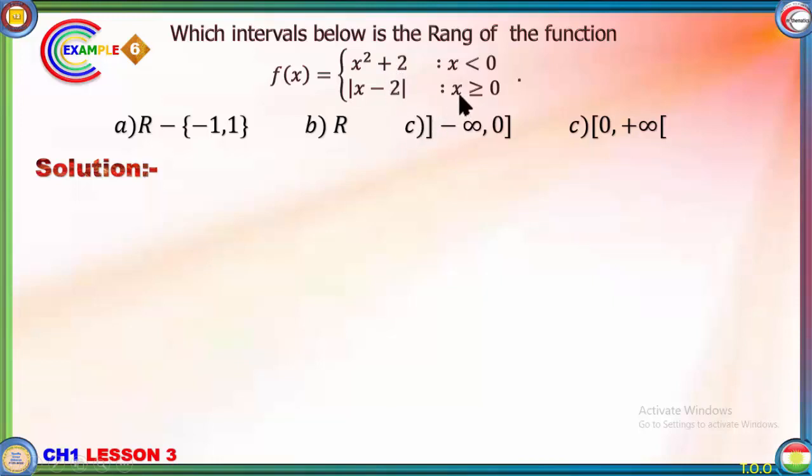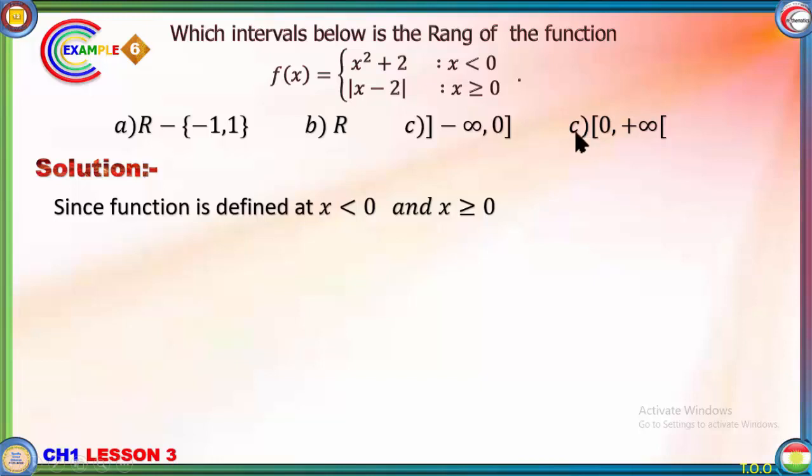And whatever the value of x bigger than or equal to 0, the value of absolute value of x minus 2 is bigger than or equal to 0. Therefore, the range is from 0 to positive infinity. That means C is correct.